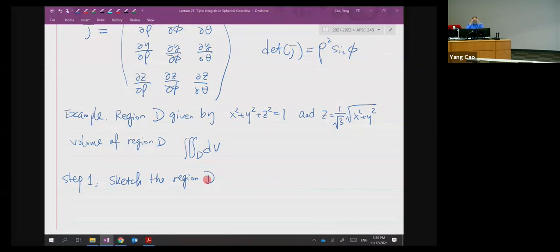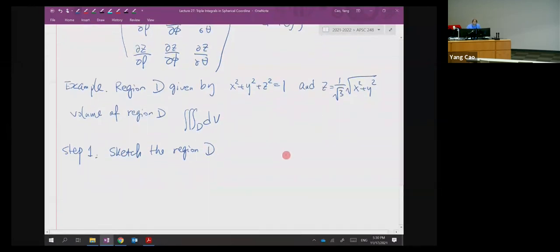Although most of the time you probably will be given a sketch, as a basic skill, you should try to sketch this region D. All right, in this case, let's look at the region D. It's bounded by these two surfaces. The first surface is a sphere, right? And the second surface, we have just done that. It's a cone. Okay, so let's draw the cone first.